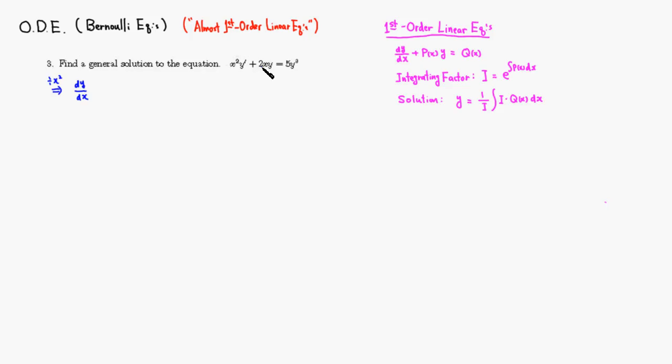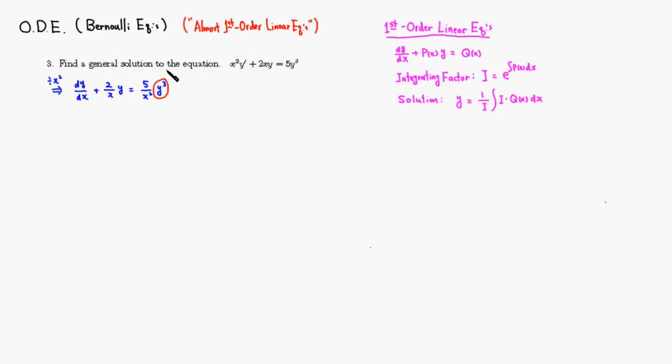Then one of the x cancels out, so you're going to have 2 over x times y, and the right hand side is going to be 5 over x squared times y cubed. So the troublemaker is this guy right here, because of this, this is not a first order linear equation.